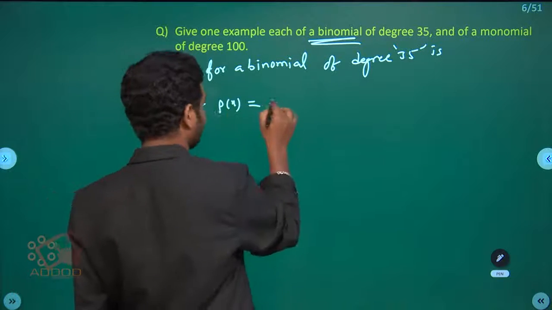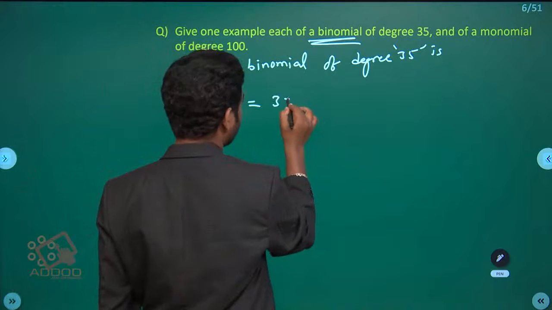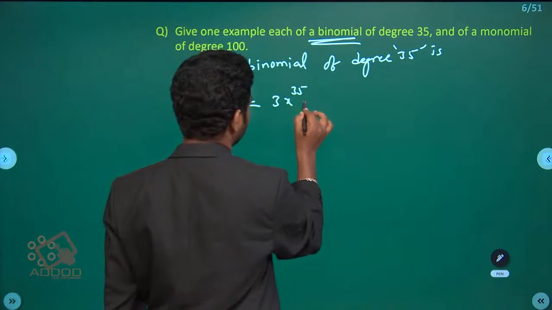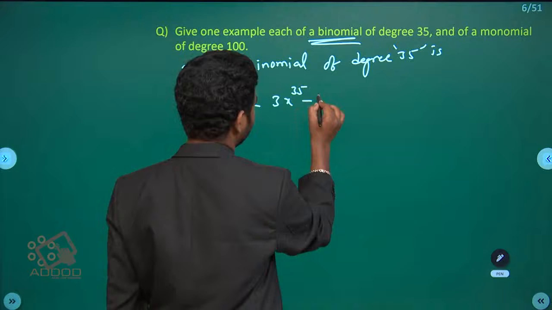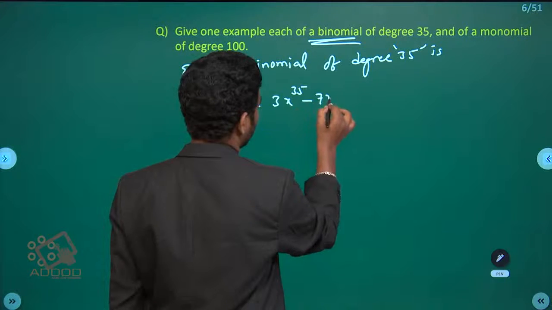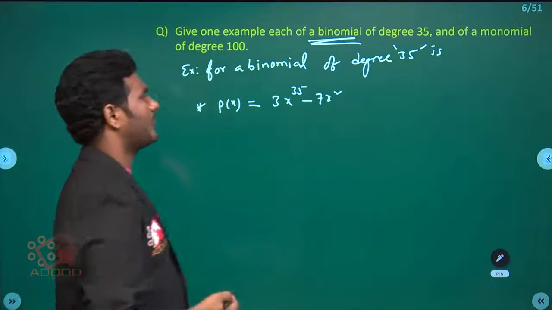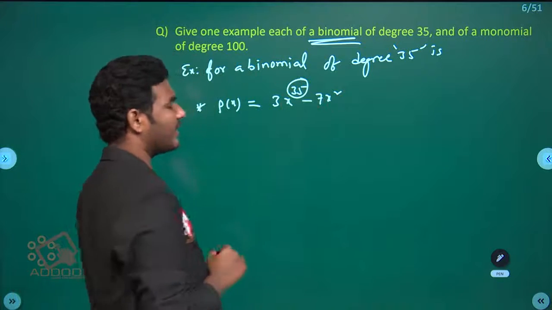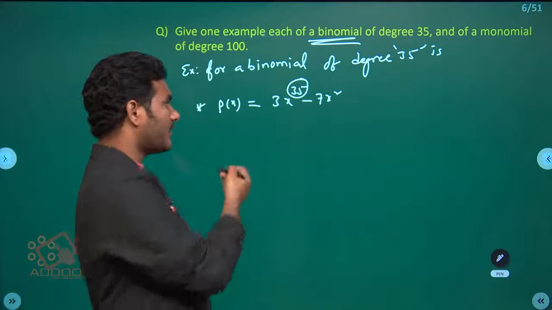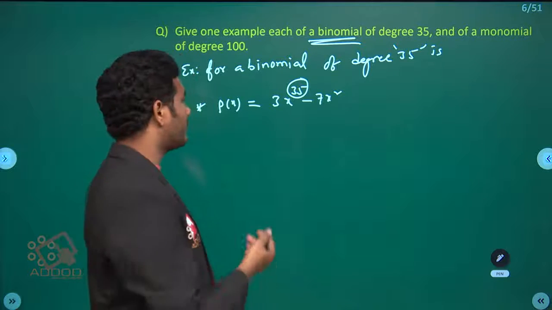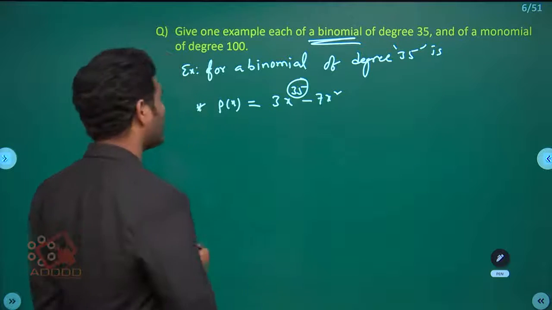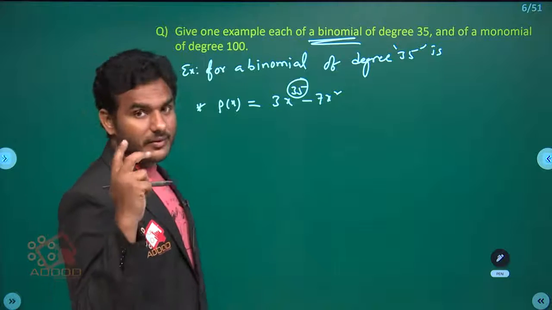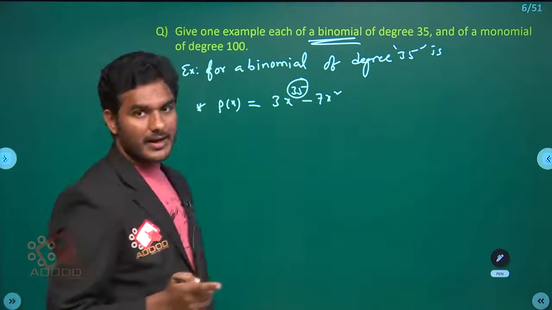I am taking 3x power 35 minus 7x square. Simply I am writing this one. This is a binomial. Here the highest power of x is 35 only, so this has degree 35. So this is one example. You can write any example like this, but the terms must be only two, because we have to write only a binomial.